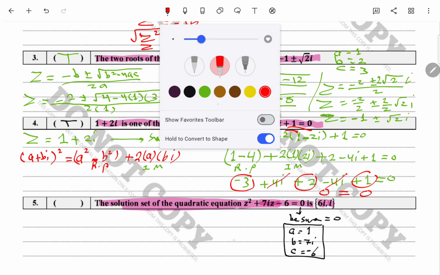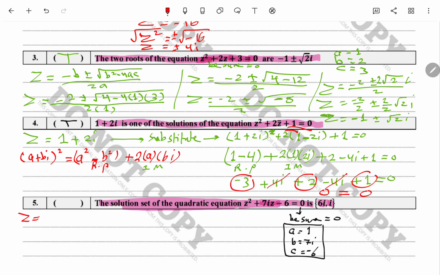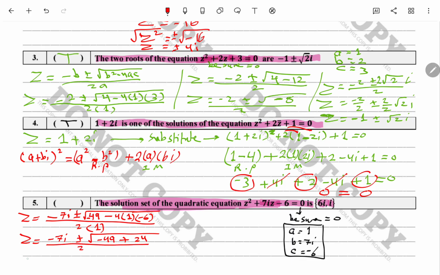Now we can use the quadratic formula, which is z equals negative 7i plus and minus square root of 7i squared, which gives 49i squared, which is negative 49, minus 4 times a times c, all under the root, divided by 2 times a. z equals negative 7i plus and minus square root of negative 49 plus 24, divided by 2.